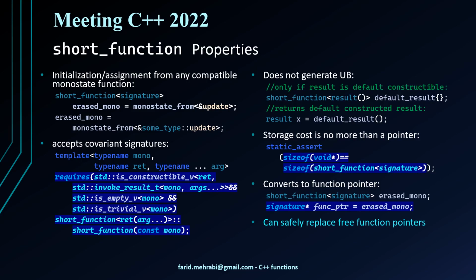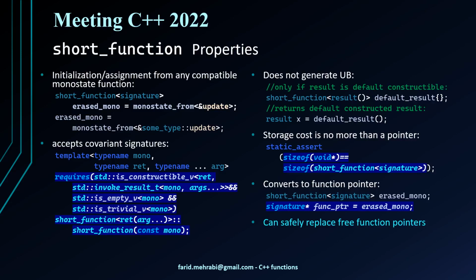If we have to use a short function with a class that doesn't provide a default constructor for its return type, and we need to have one empty state, we can use the optional standard library class. As mentioned earlier, the memory demand of a short function is no more than a void pointer.